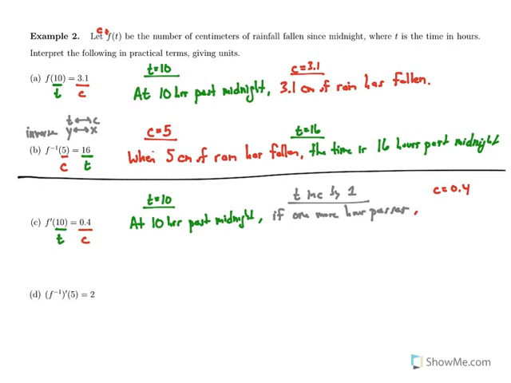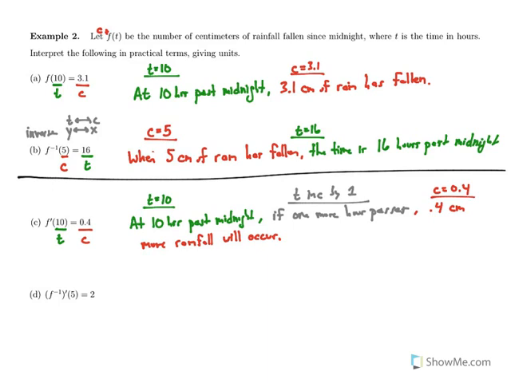So that's saying if 1 more hour passes, 0.4 centimeters more rainfall will occur. So it's saying the amount of rainfall that you have in 1 hour is going to be about 0.4 centimeters. And you can word that in a way that makes the most sense to you.